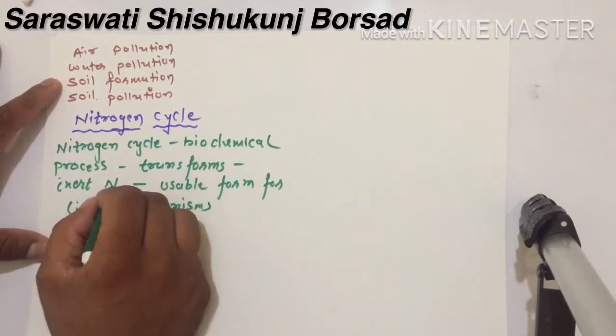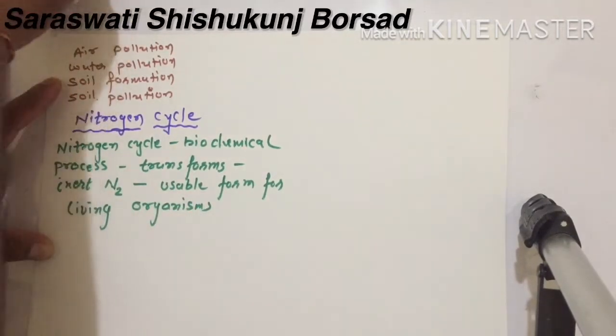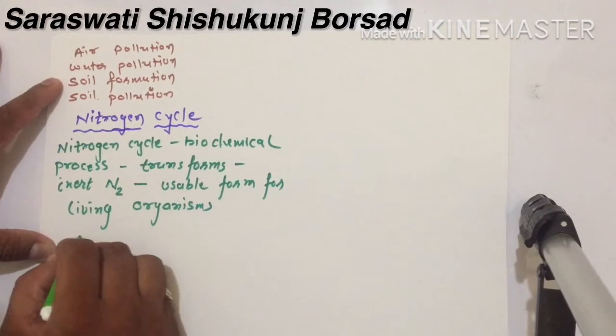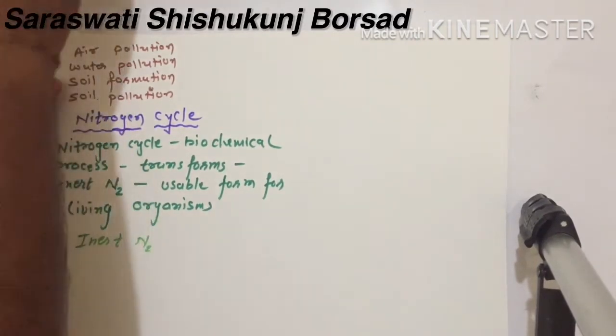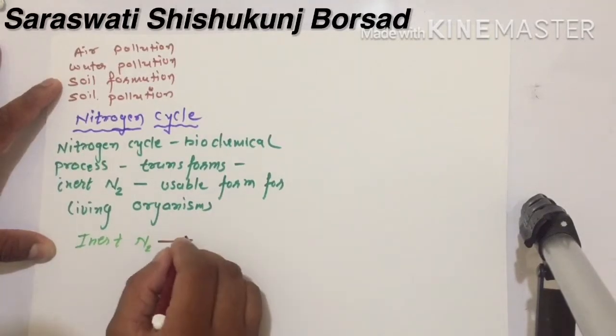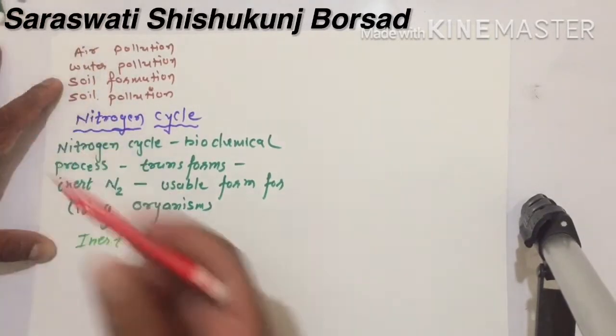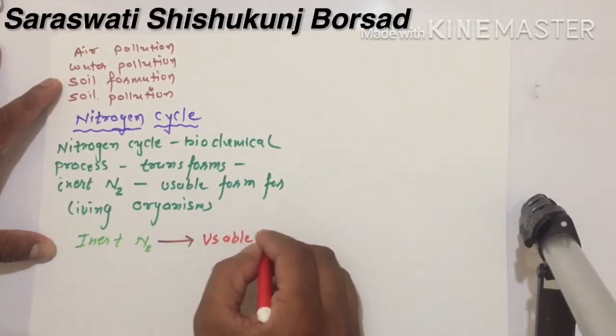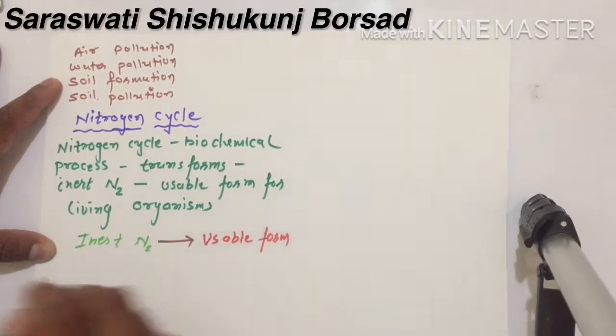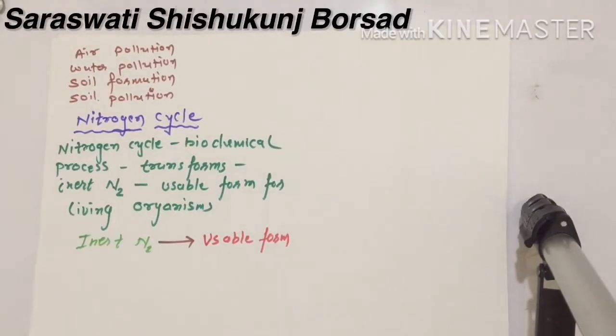In short, the nitrogen cycle is a process in which the inert nitrogen of the atmosphere is converted into a usable form like ammonia and amino acid.